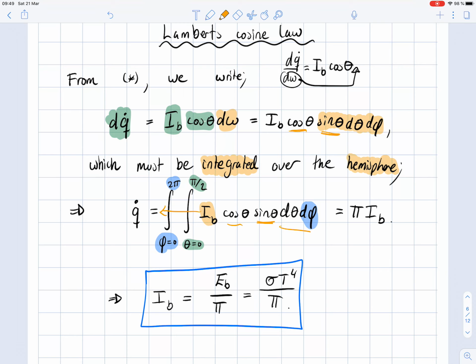This integral equals pi. Since we moved I_B outside the integral, the heat flux in total equals pi times I_B.